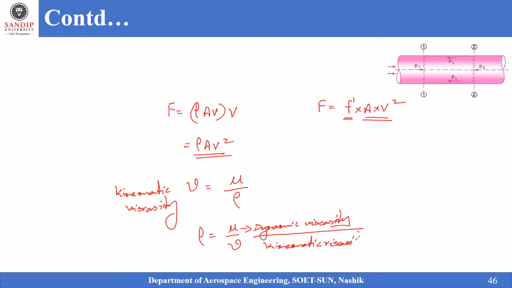So that means both the forces are being considered here, that is the flow behavior, that is the kinematic, and the dynamic viscosity. So both have been replaced. So this equation is actually representing the viscosity of the fluid flow behavior acting inside this particular pipe. So that is the expression we got, mu by v into A into v square.